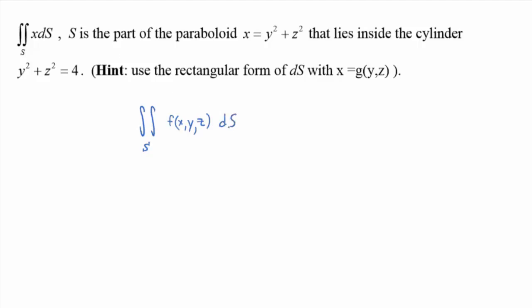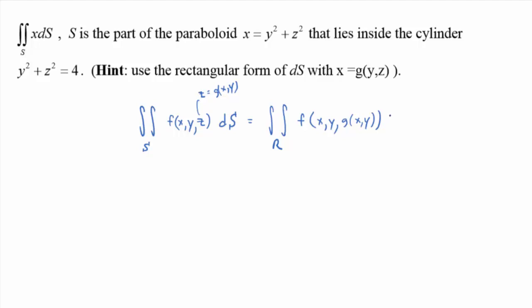dS, and then in the rectangular form we usually think of z as a function of x and y. So in the rectangular form, we usually use this formula: the integral of f of x, y, and then we change z to a formula involving g of x, y, and usually you're given that or you can find that.